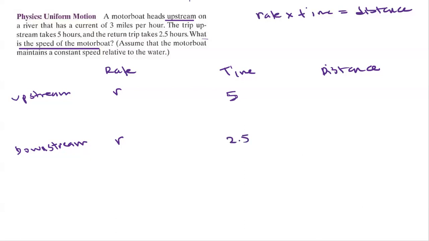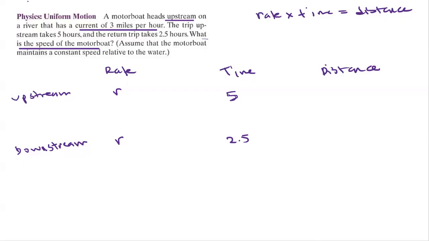Now I want to go back to the rate real fast. So if we're going upstream, I don't know if you've been on a boat before, go up the river and stuff like that, if you go upstream, you're going against the current, so that means you're going to be moving slower. It's like going uphill, right? Gravity's pulling you down. So the current is 3 miles per hour. If we're going upstream, are we going to add or subtract the 3 miles per hour?